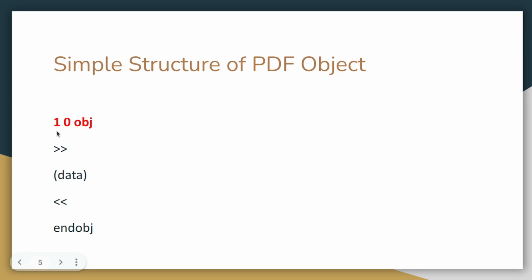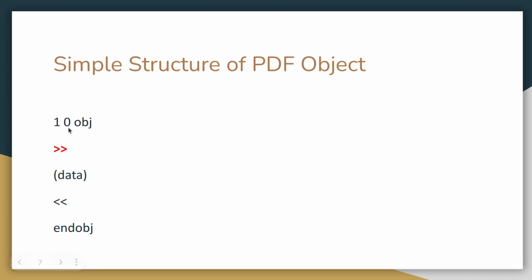The 1 here is the ID of the object, and 0 is the generation, and obj means it's an object. So when the software renders the PDF file, it understands that this is the beginning of an object. The ID of an object is the first number, and the second one is the generation of the PDF object.